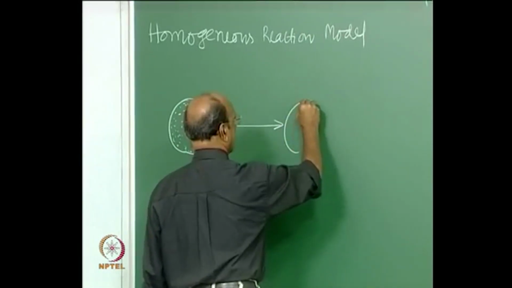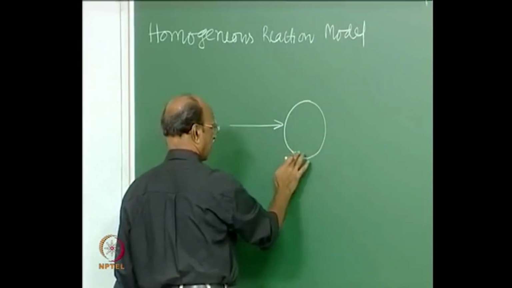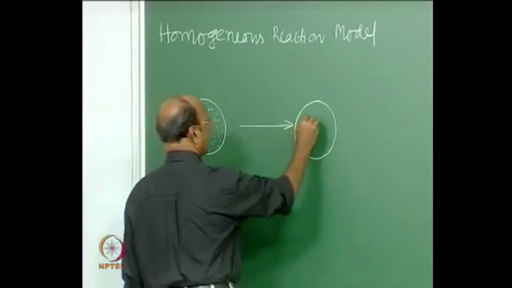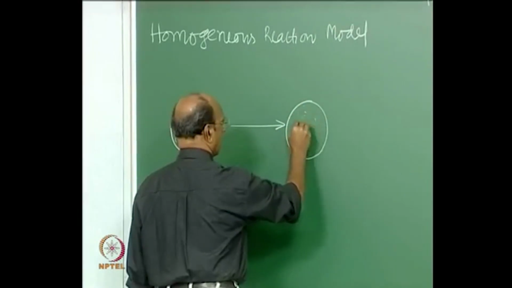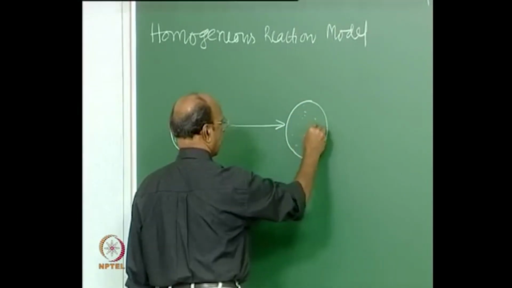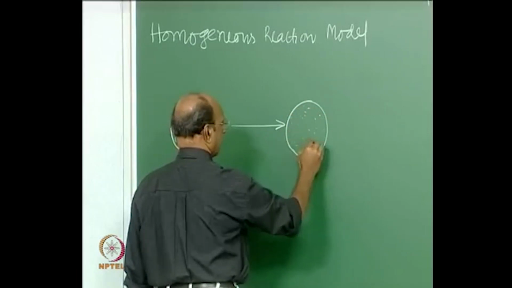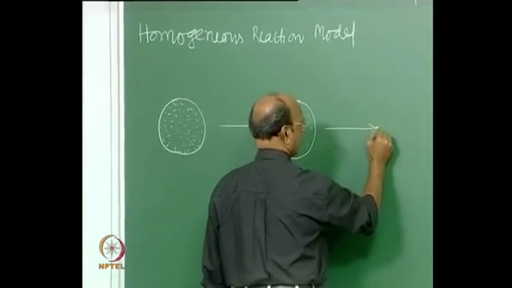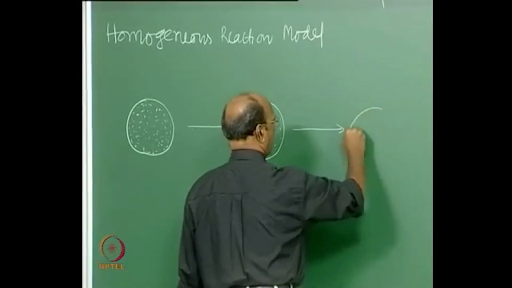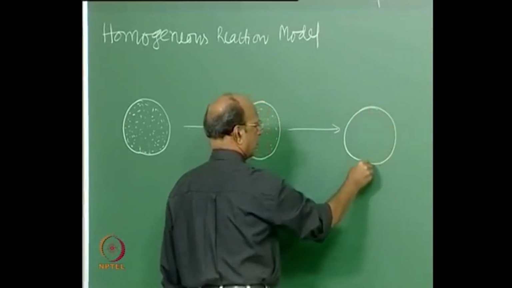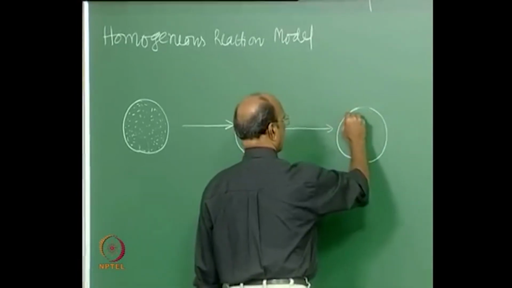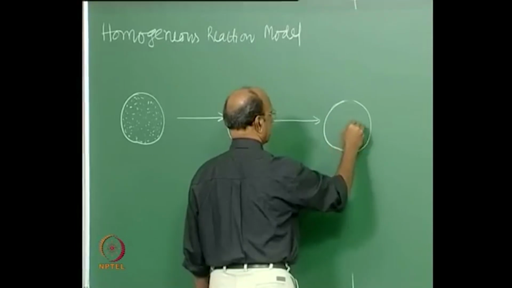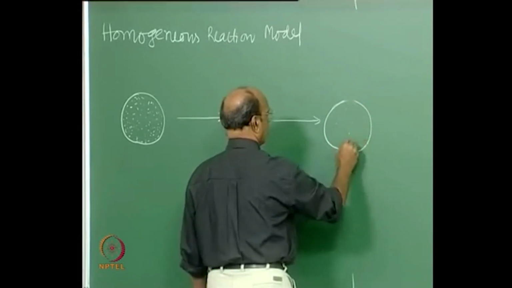We are talking about constant size, but now this concentration will reduce, then after some time, same particle, the concentration is almost nil, concentration of B I mean, only product you will have.